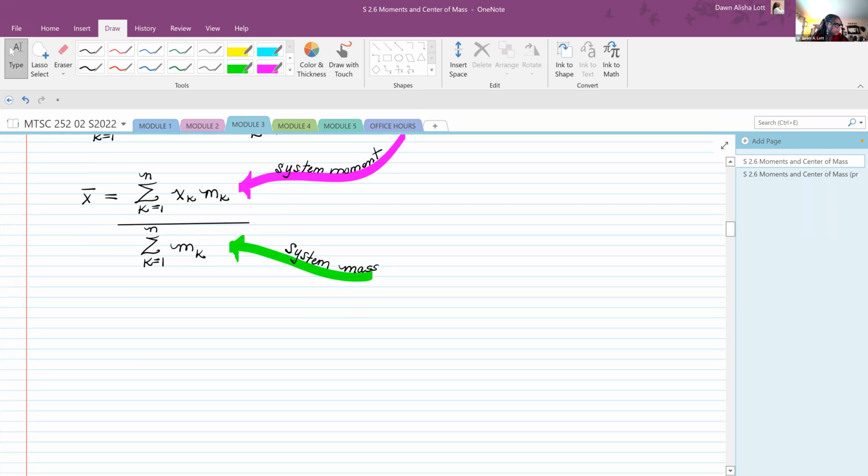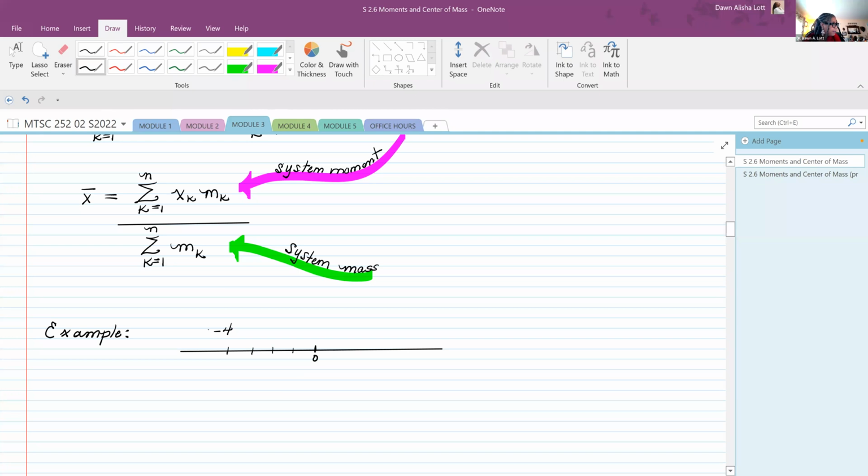So here's an example. I have a system here. Here is 0. And I'm going to put a mass. So this is -1, -2, -3, -4.